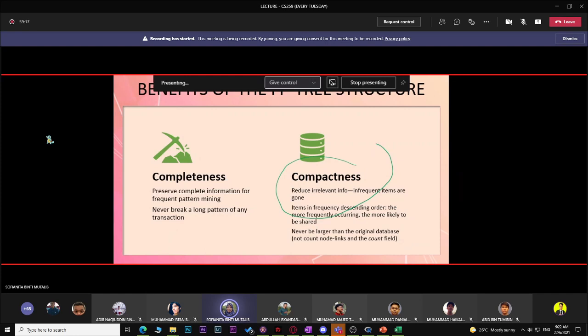In terms of completeness, it will go through all the branches presented in the tree, and from that tree you can identify the conditions of each item or each suffix.